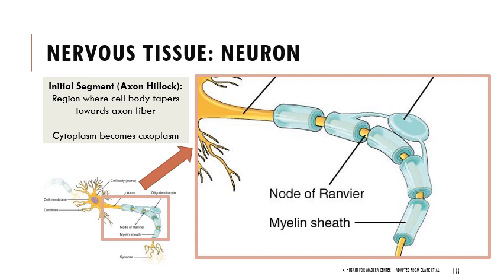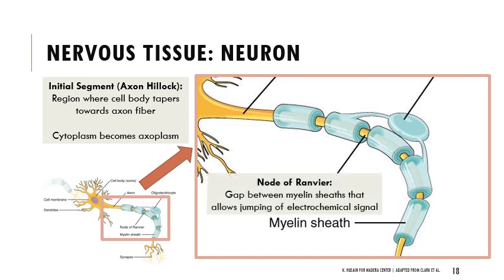I want to point this out because this transition from cytoplasm to axoplasm is very important, because the contents of that axoplasm are what really set us up for the action potential, for that electrochemical signal, because there's a very particular balance of ions in that axoplasm. So moving away from this cell, which has its own function, to this unique axoplasm, which has a very different function and a very different relationship to the surrounding environment, is going to be important.